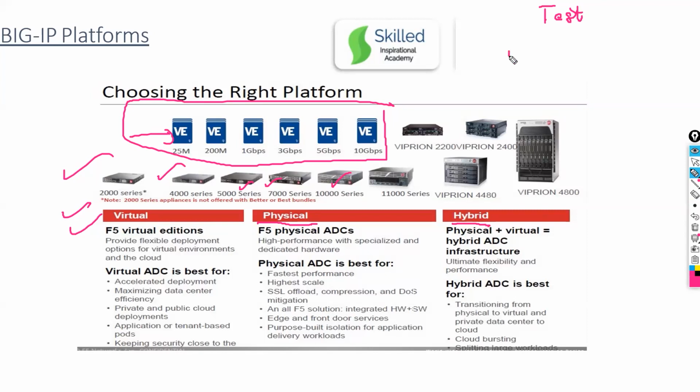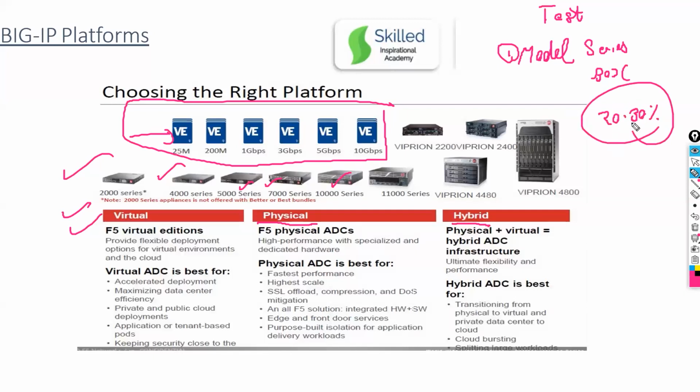My first question will be, can you tell me which models you have worked on, or which series boxes you have worked on in a production environment? If you tell me this, 20 to 30%, I will be sure that you're working on the F5 product. That is the question which I will ask.